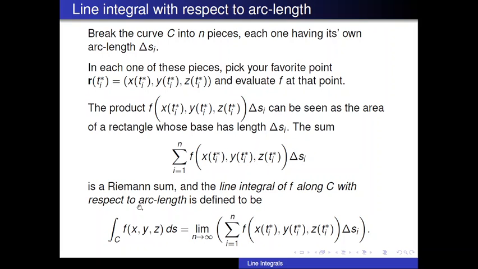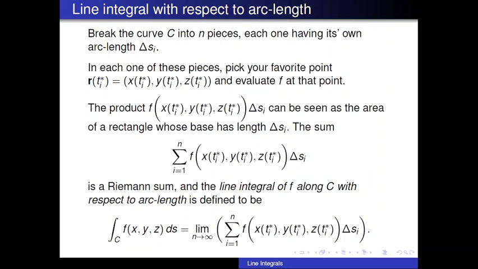And the integral that we get in this case is what's called the line integral of f along c with respect to arc length. And it's written in this funny way here. It's written the integral with c as the sort of bound underneath of f of x, y, z, and then they write this notation here, ds. And what it is is the limit of that Riemann sum as n goes to infinity.